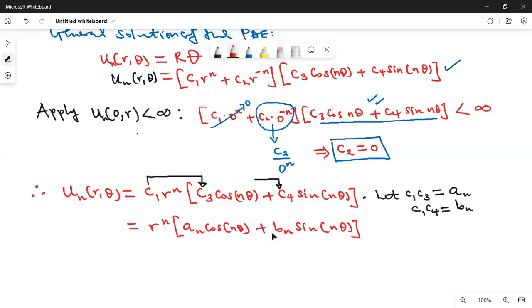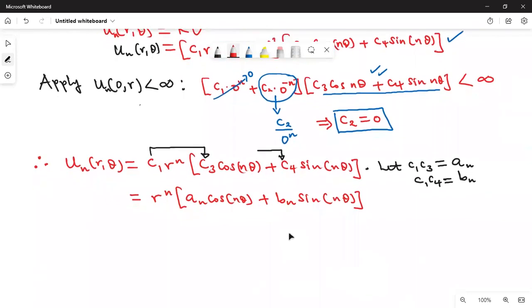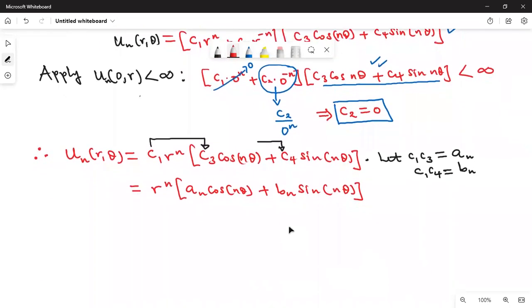Now, we have another boundary condition to apply. That is when r is equal to L. So let's apply that. Now, before we apply it, look at this solution. On the left-hand side, U subscript n of r theta.